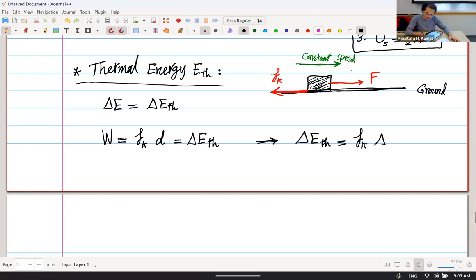The friction force times delta X. I didn't even derive anything. This is the formula for the change in thermal energy, not for the thermal energy itself, because we don't know what the formula for thermal energy itself is. The only thing we can measure realistically is the change in thermal energy. So that's why we think of that as sufficient.